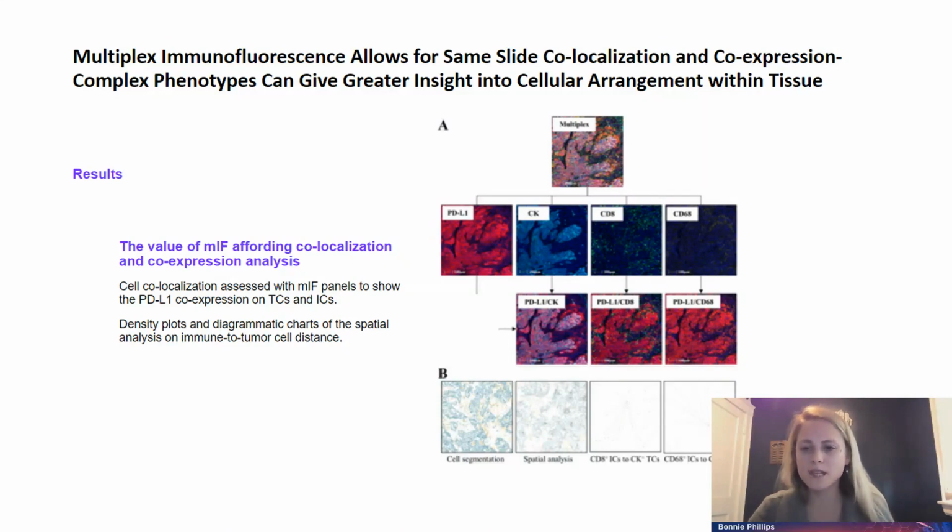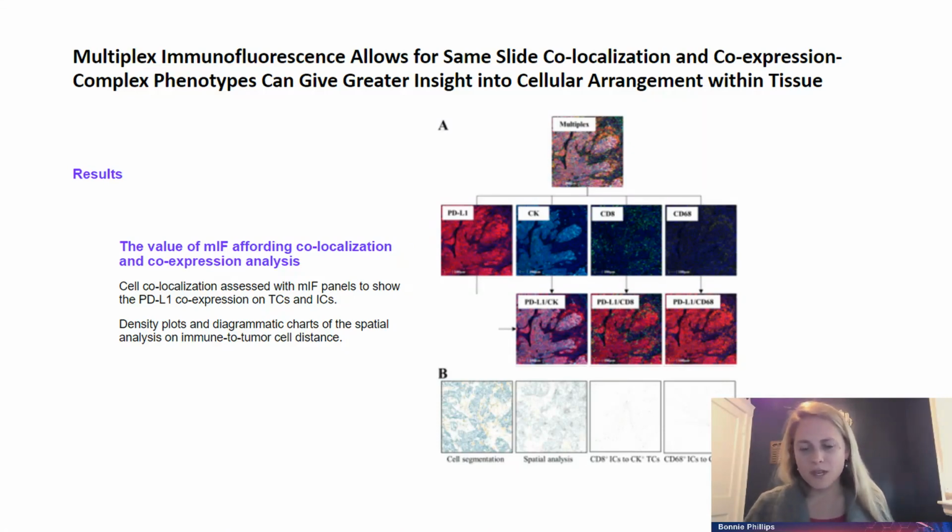Additionally, the presence of cytotoxic cells within the tumor compartment versus outside the tumor can be easily quantified. And then, of course, using these phenotypes together on a single section of tissue, a much greater spatial insight into distances between tumor cells and specific immune cell types within the tissue section is enabled.